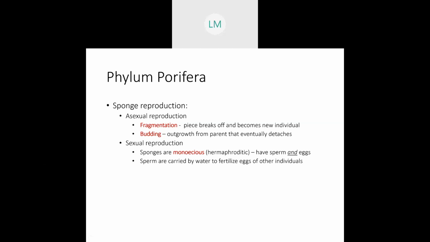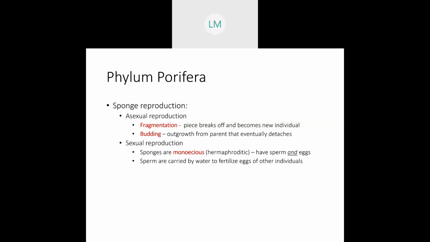Sponges can also reproduce sexually. So sponges are monoecious, meaning they're hermaphroditic. So this is when an organism has both the male and female gametes, so sperm and eggs. So ideally, we never want to self-fertilize. We want to fertilize other individuals.